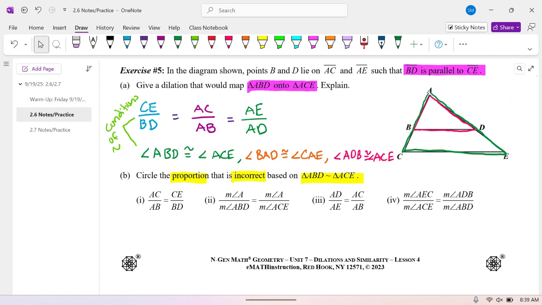What about AD over AE has to be equal to AC over AB? Is that true? No. Why? What's wrong with it? Look at how it's lined up.